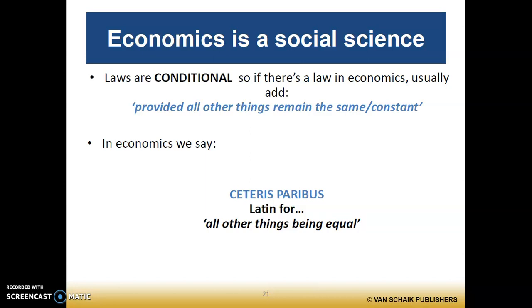So if there's a law in economics, we usually add provided all things remain the same or constant. So in economics, we usually say ceteris paribus, which is Latin for all things being equal. You will later see this in the later chapters.